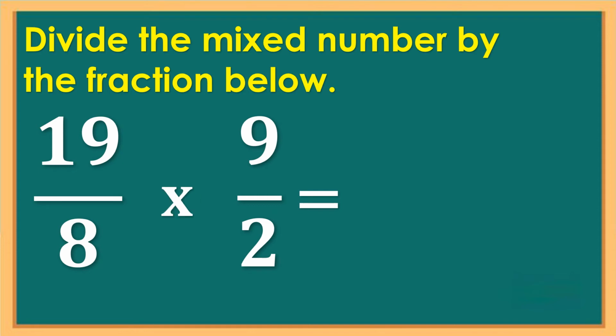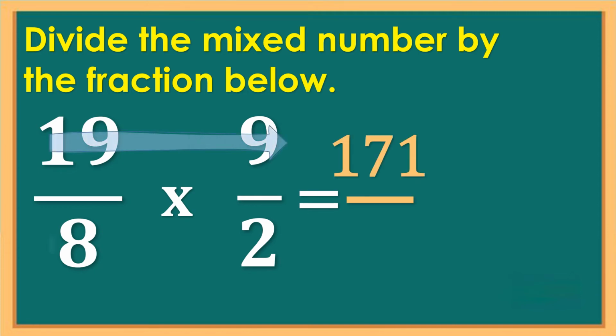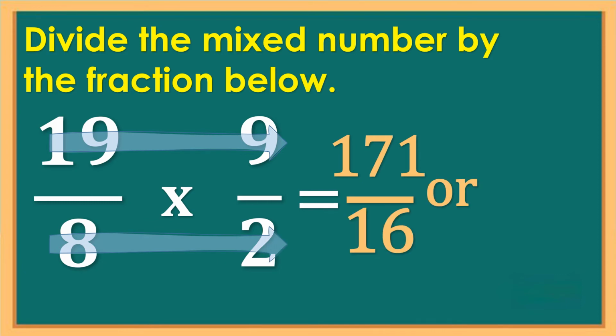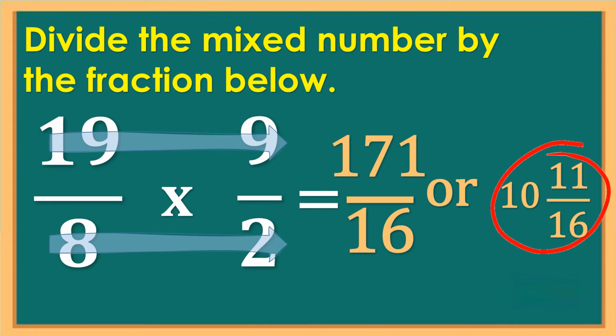Now we multiply. 19 times 9 is 171. 8 times 2 is 16. The answer is 171/16 or 10 and 11/16.